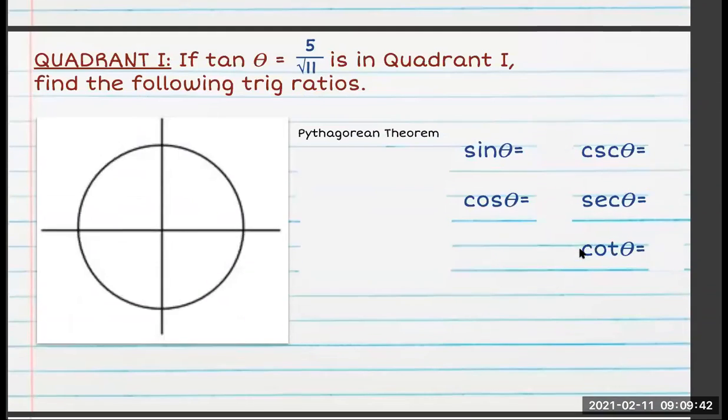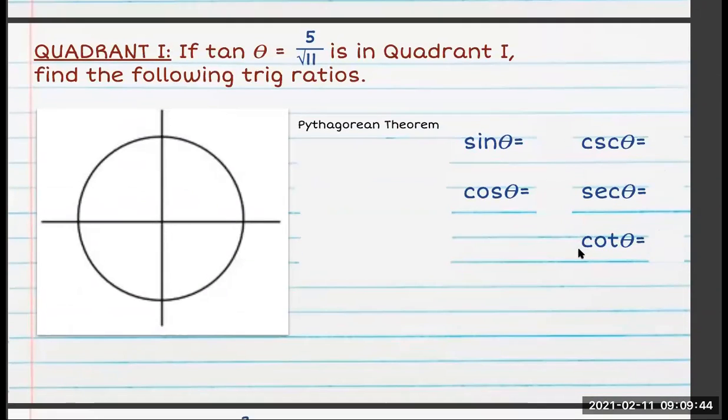All right. So let's look at this example. If tangent theta is 5 over square root of 11 and theta is in quadrant 1, find the following ratios. So let us say, because your theta is in quadrant 1, this is your theta.